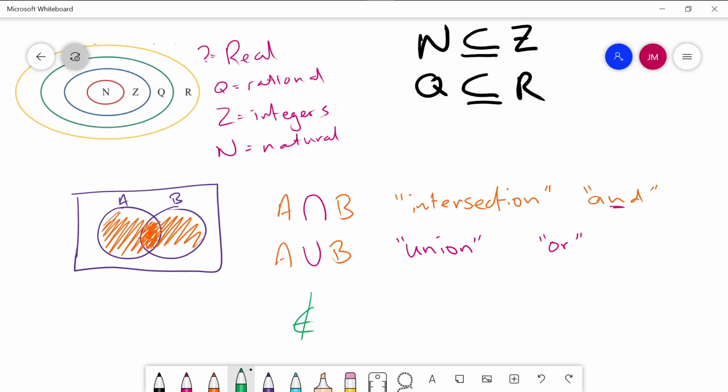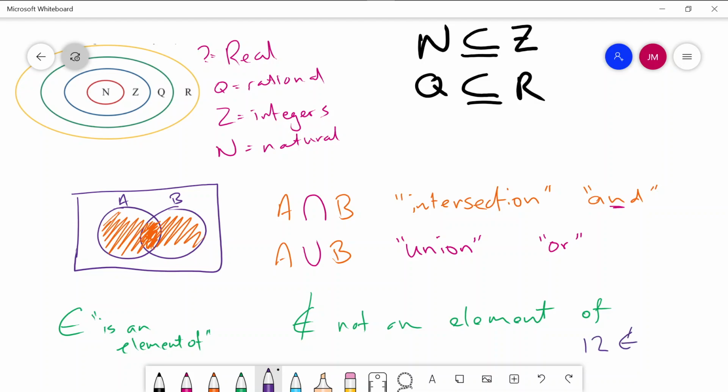And we can put a line through it for is not an element of. So for example, let's say A is the numbers 1 to 10, then I would say that 12 is not an element of A. Okay, doesn't belong in there.